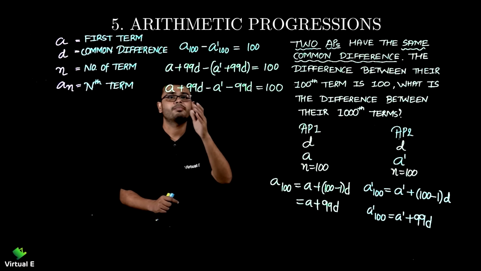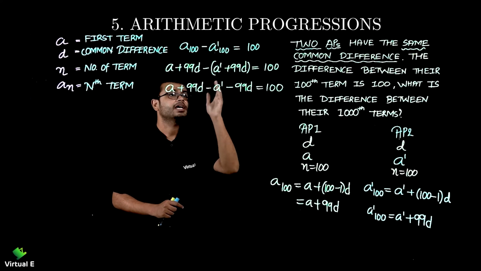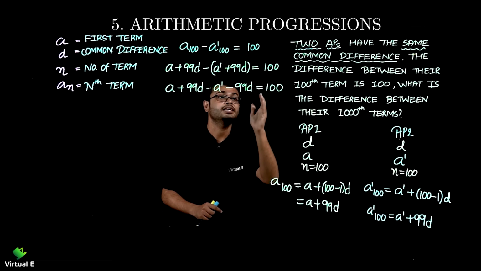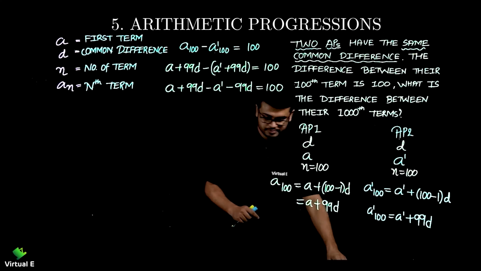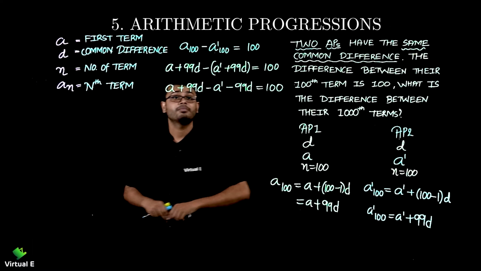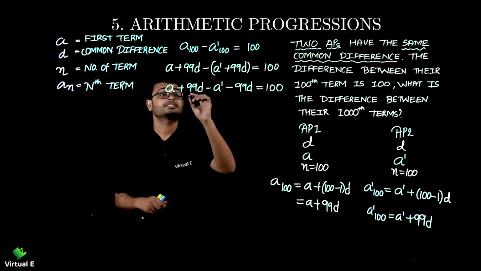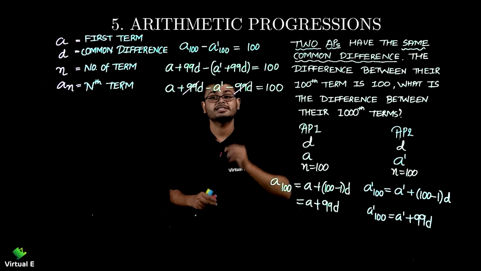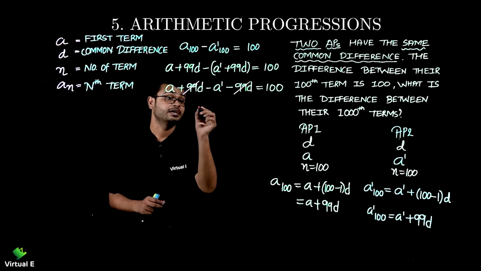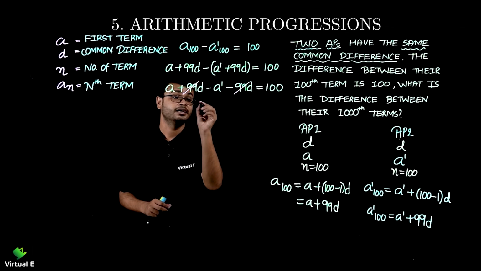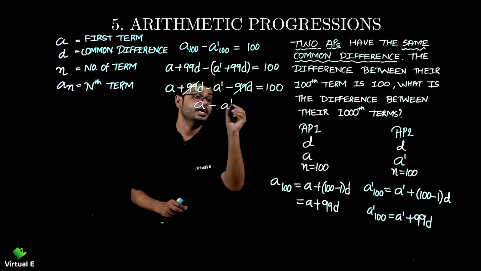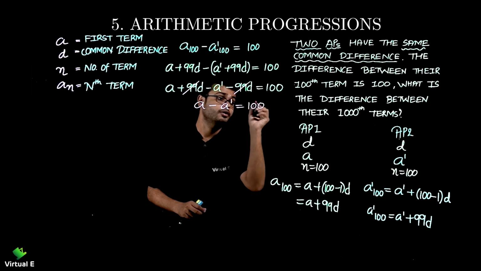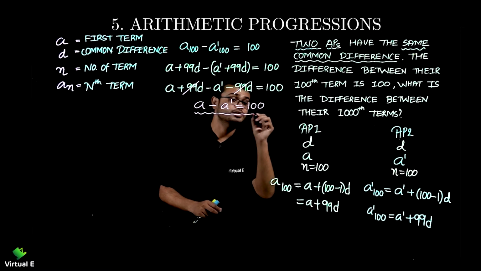A plus 99D minus A dash minus 99D is equal to 100. Very simple. Plus 99D and minus 99D will get cancelled. So what's left? A very important relation we are getting: A minus A dash is equal to 100.